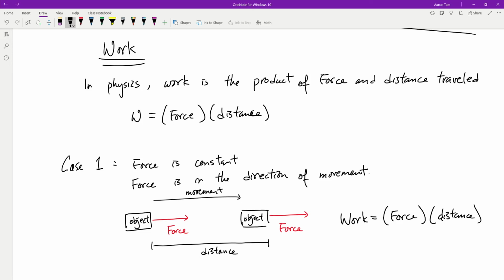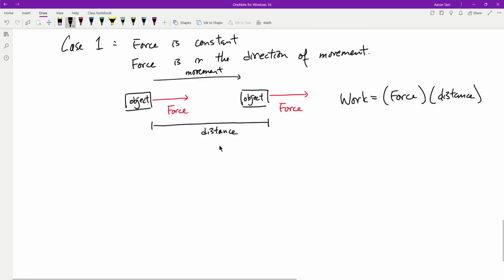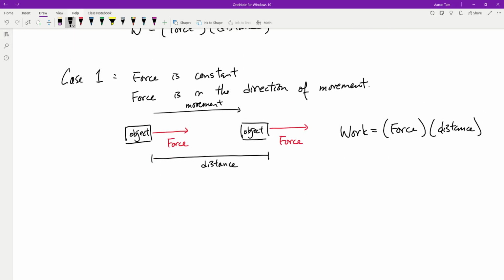But of course, that would probably be what your physics teacher would assume is the case. For us, we want something better, something more challenging. So how about we do a case 2? What if this is the case? Let's say that in this case the force is still a constant. It doesn't change.